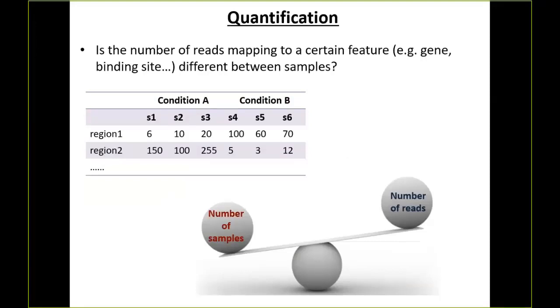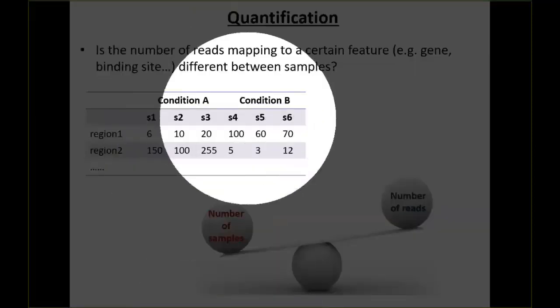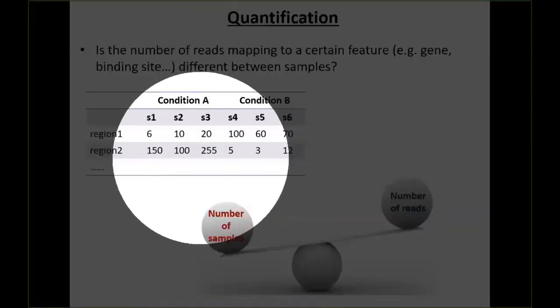So for quantification, that gets a little bit more interesting because in quantification, you're typically expecting to get more or less of certain segments in the library. So an example would be looking at condition A and condition B here in region 1 and region 2.